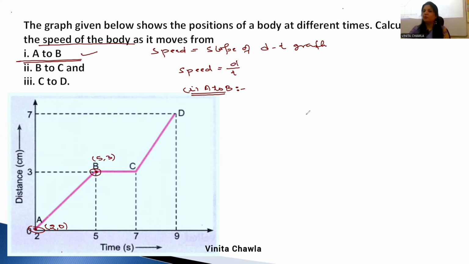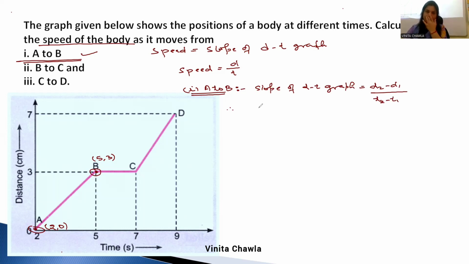So we can find the slope. How do we find slope? Yes, it's d2 minus d1 upon t2 minus t1. Slope of the DT graph is equal to d2 minus d1 upon t2 minus t1.